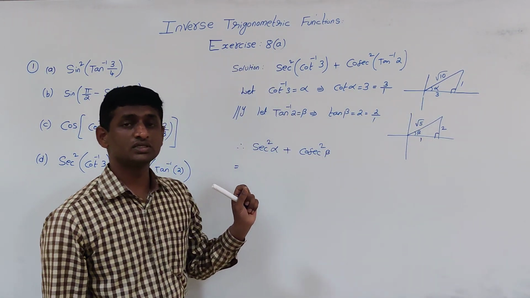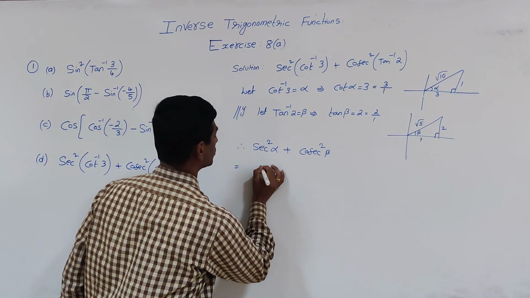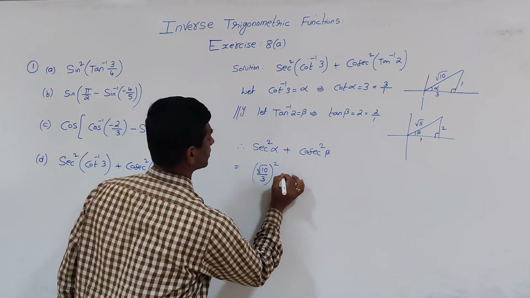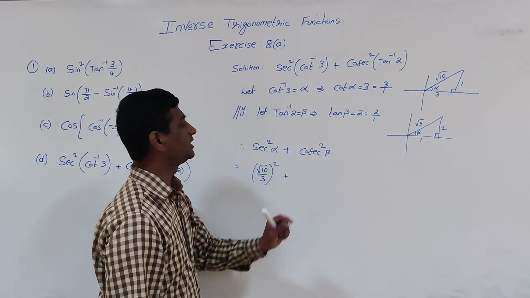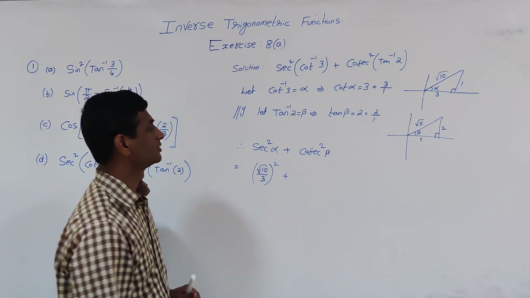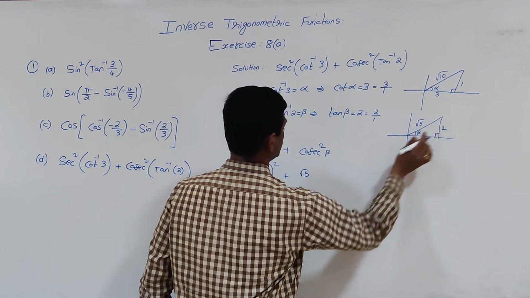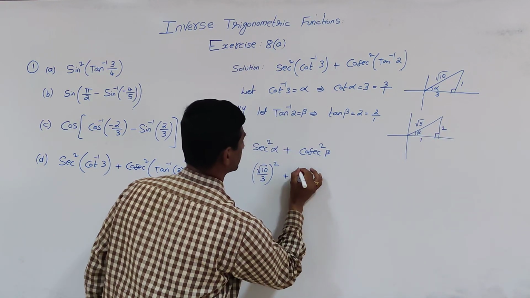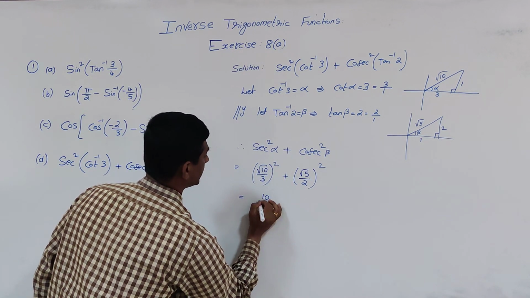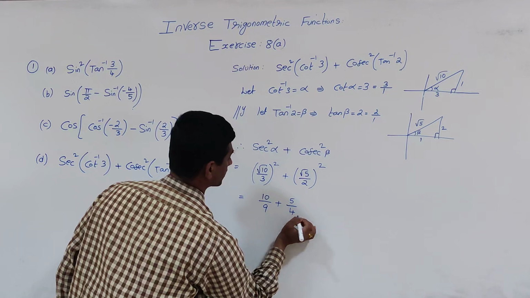Secant alpha is hypotenuse by adjacent side, so root 10 by 3 whole square, plus cosecant square beta, hypotenuse by opposite side, that is root 5 by 2 whole square. Which will be root 10 whole square is 10 by 9 plus 5 by 4.